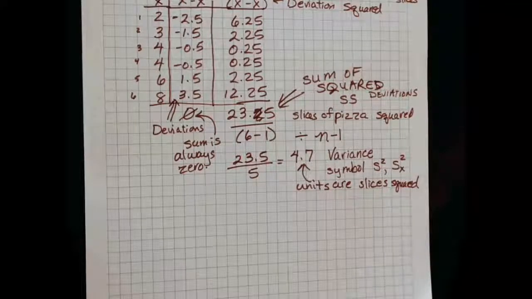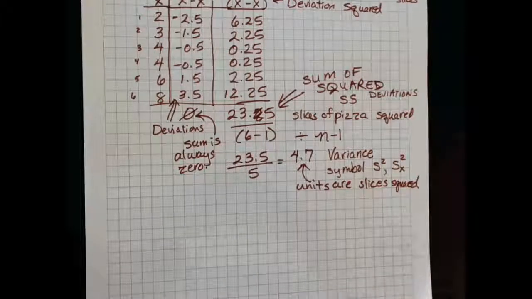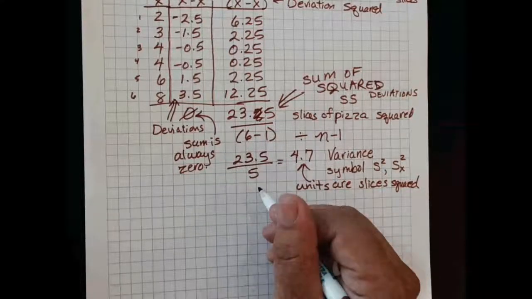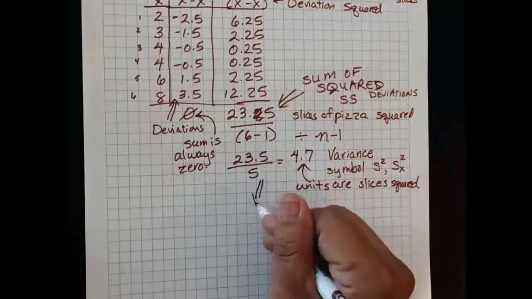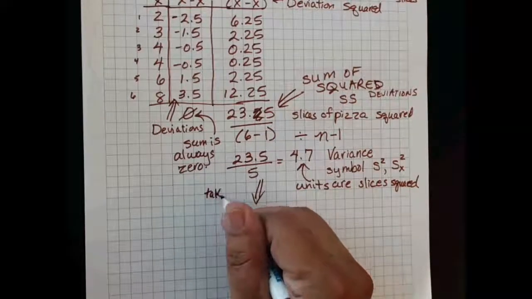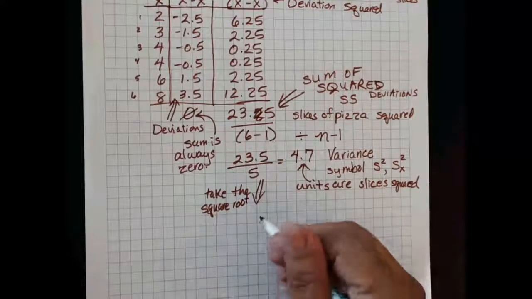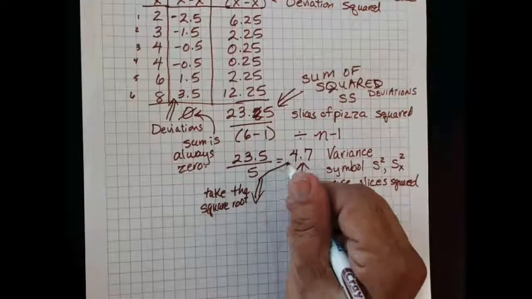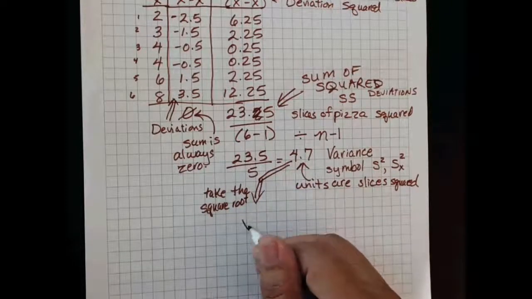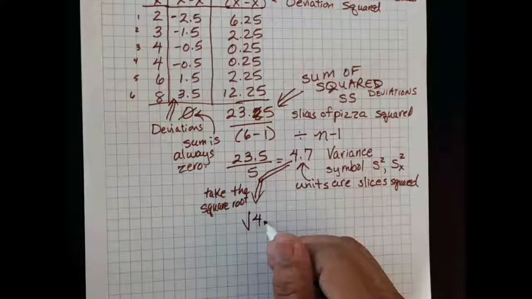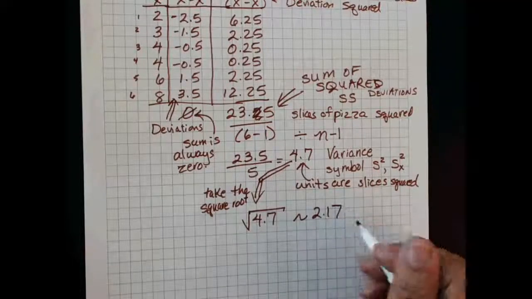So how can I go from squared slices to unsquared slices? Well, the opposite of squaring is taking the square root. So here I'm going to go ahead and take the square root. All right, so the square root of this number is going to be square root of 4.7, which is 2.17 on your calculator.